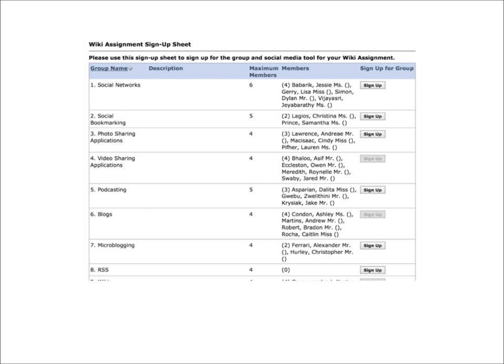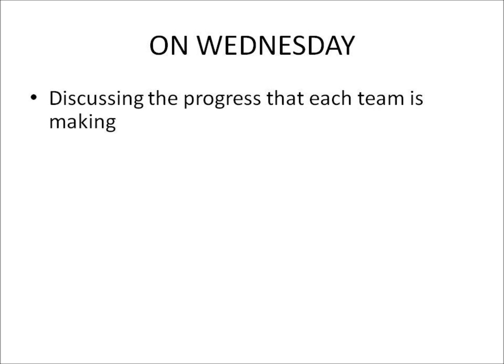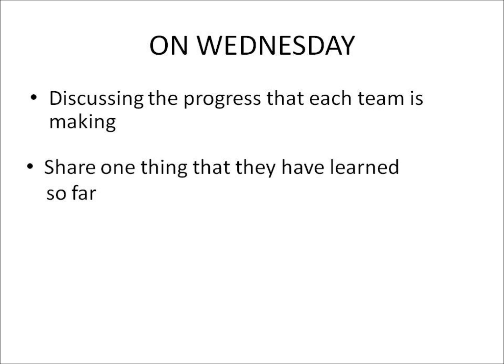At that meeting, you should decide on your roles and responsibilities and have already gotten the research component of this project underway. In class on Wednesday, you will be discussing the progress that each team is making. Each team will be asked to share one thing that they've learned so far about their social media tool that they didn't already know or that they found particularly interesting.